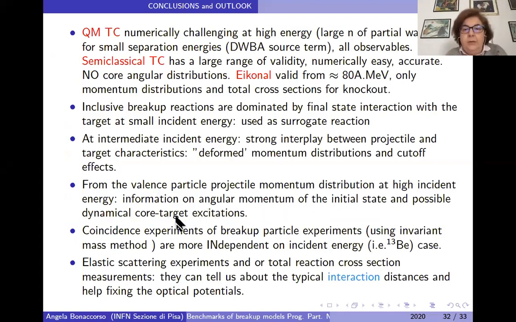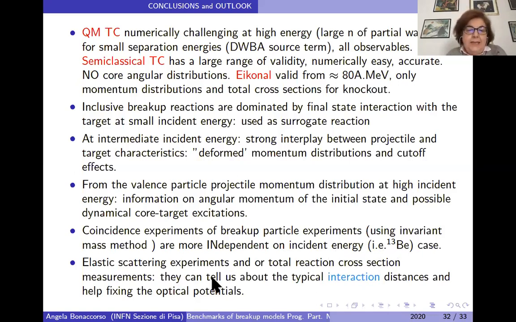From the total value of the cross-section, the MSU people, for example, have obtained a huge systematics of spectroscopic factors. In the case in which one has coincidences, using invariant mass type experiments, the incident energy is not so important, but it's very important to have a good description of the neutron-core potential.